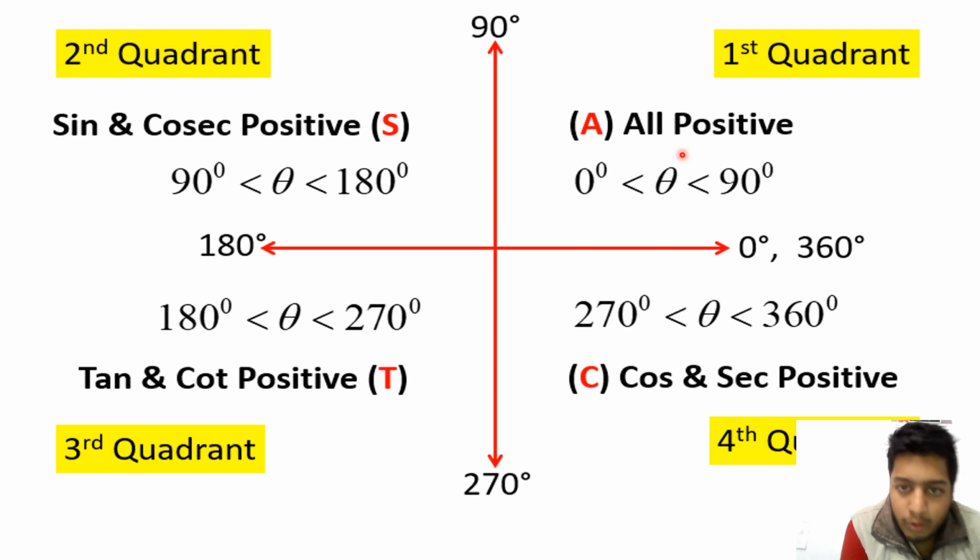For the third quadrant, the area stretches from 180 degrees to 270 degrees, in which tangent and cotangent functions are positive. Now coming to the fourth quadrant, cosine and secant functions are the only positive ones, and it stretches from 270 degrees to 360 degrees.